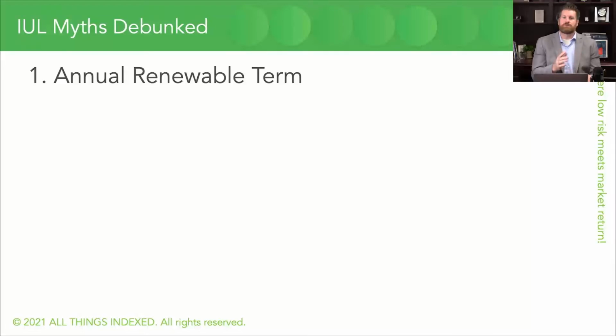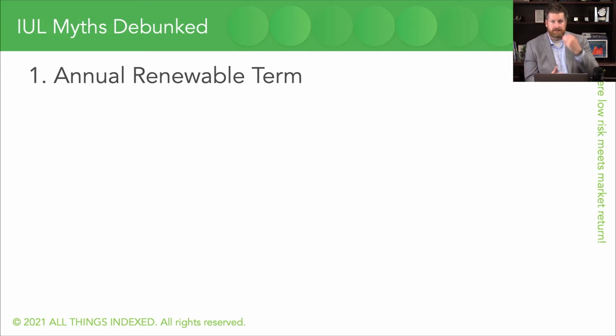An annual renewable term really means, for the most part, that it renews and increases. They want you to believe that it increases every single year, and it doesn't. It fluctuates. Even if the premium renews each year, and in that definition of annual renewable that could be true, don't let it lead you to believe it's an annual renewable increasing term every year.